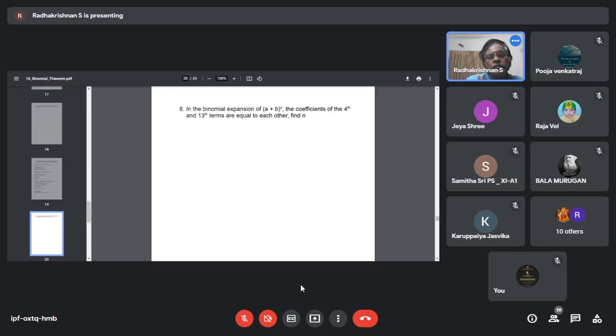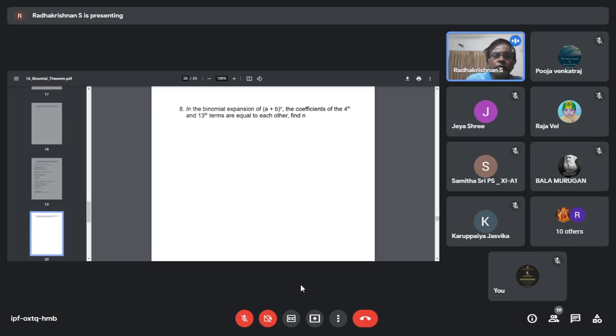So what is n? We saw this kind of problem in combinations. There is an identity in combinations, isn't it? NCr equals NC(n minus r). You will see that similarity: NCr is equal to NC(n minus r). So that means 3 equals n minus 12.